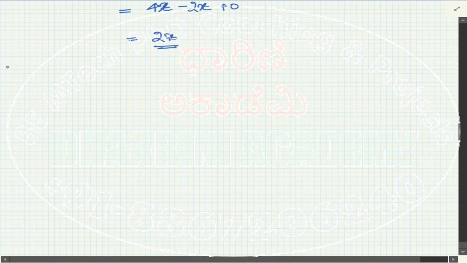So therefore z varies from 0 to, there is an equation which is 2x plus 2y plus z equals 4. From that I can write z is equal to 4 minus 2x minus 2y. So z varies from 0 to this point, right?